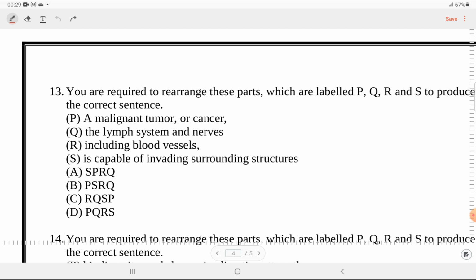Now here the connecting chain or the connecting thing would be S आना चाहिए along with R, is capable of invading surrounding structure including blood vessels. किसी चीज़ को आपने इंक्लूड किया है. अब S R कहाँ कहाँ पे है? We do not have S R here in the A option. We have it in B. इसमें भी नहीं है और इसमें भी नहीं है. So B is the right one.